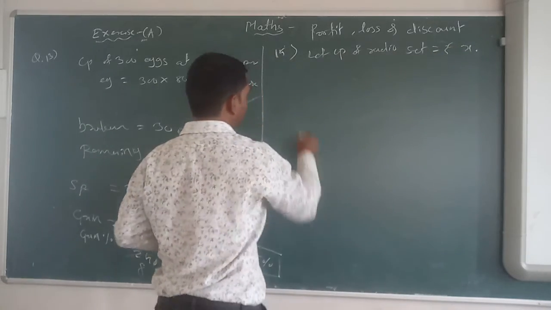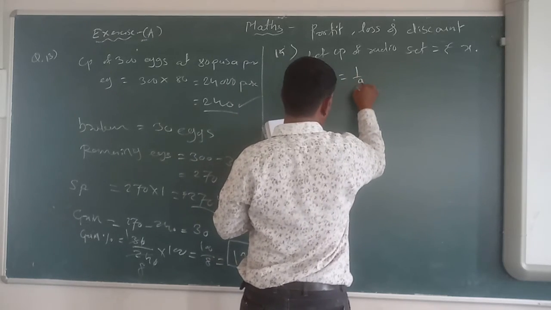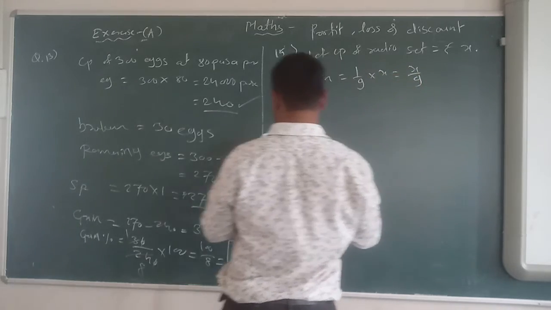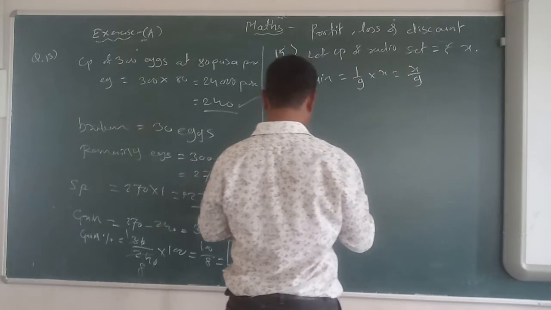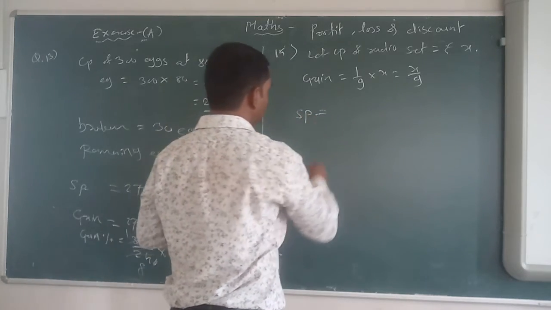Then the gain is given as 1/9 of X, that means X upon 9 rupees. Then we can find the SP.